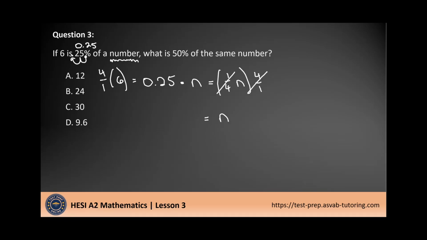Now on the left side, we have 4/1 times 6, which is 4 times 6 equals 24. Right now we're asking what is 50% of that number. 50% is just half. Half of 24 is going to be 12.